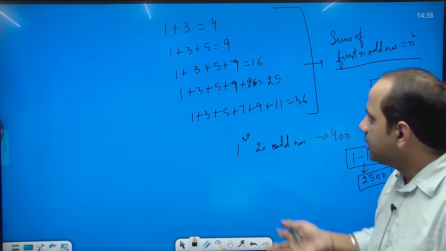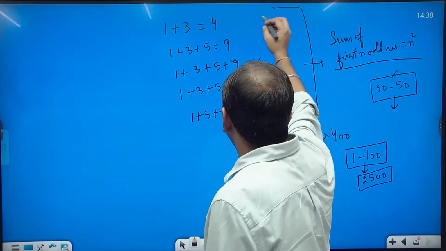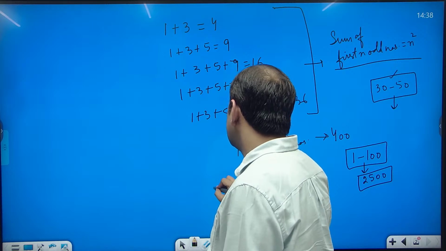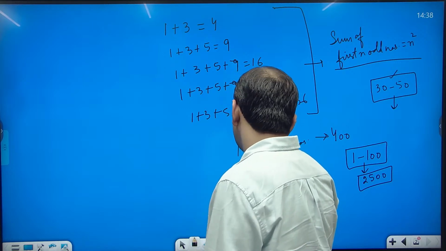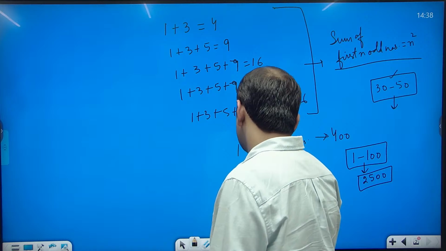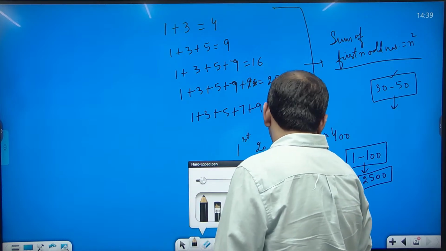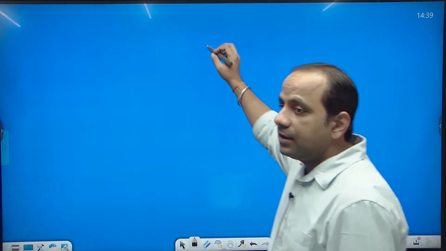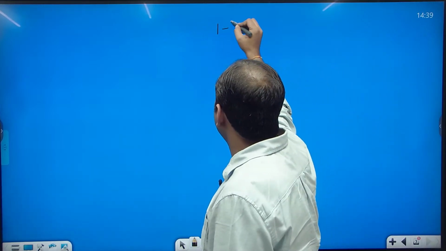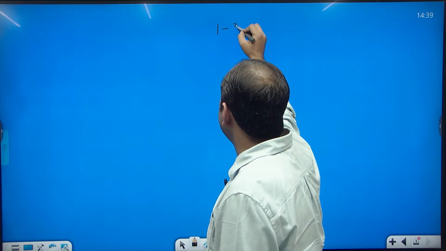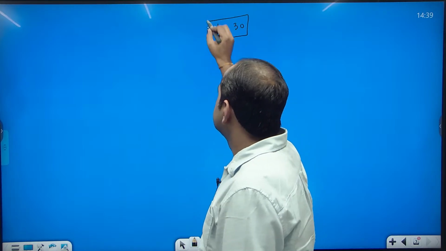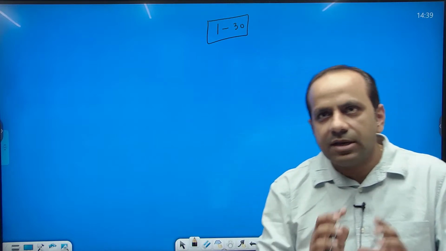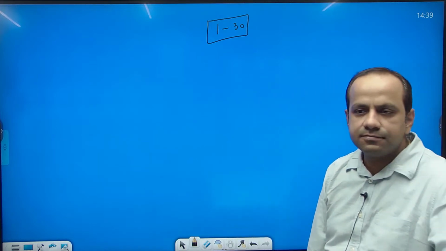Clear? Okay, tell me what will be the sum of all odd numbers lying between 1 to 30. So how many odd numbers are there between 1 to 30? 15.